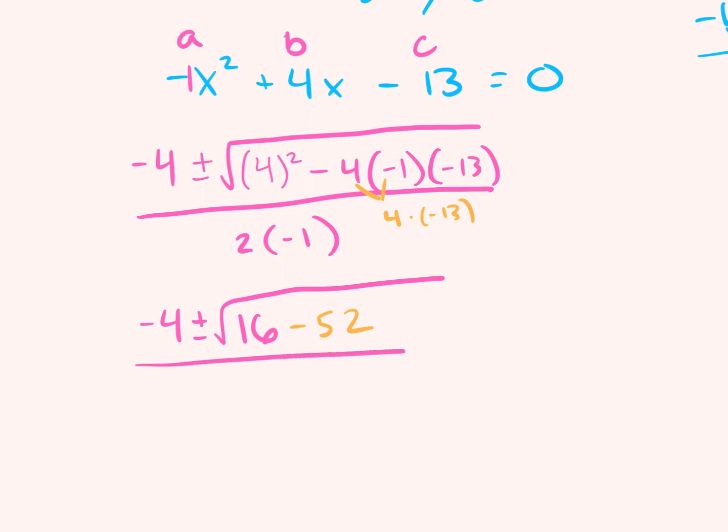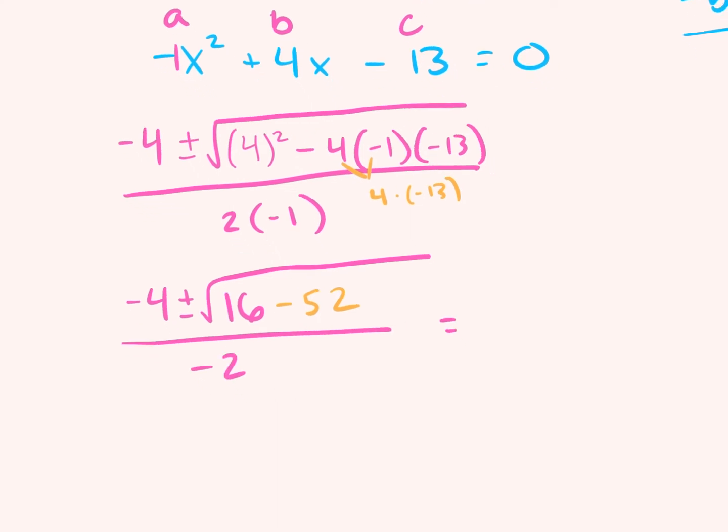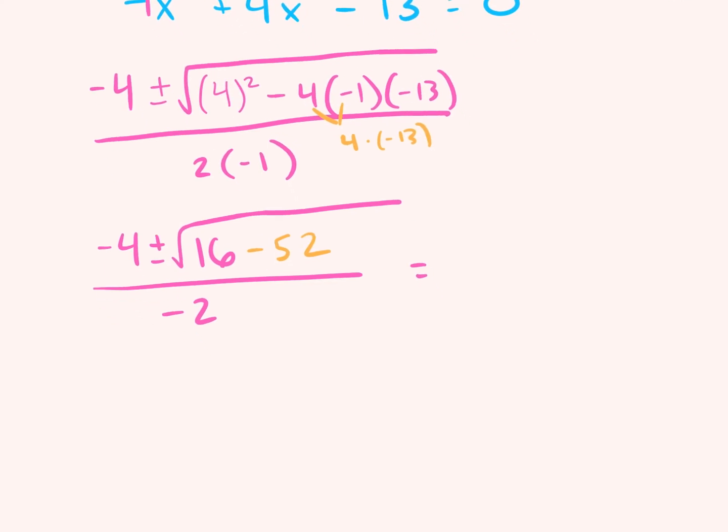And that is over negative 2. What is 16 minus 52? Negative 36. So negative 4 plus or minus the square root of negative 36 over negative 2.